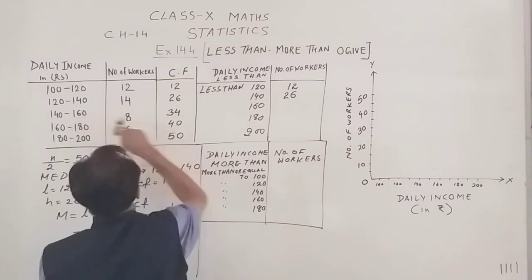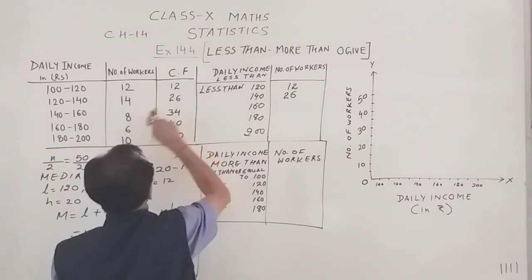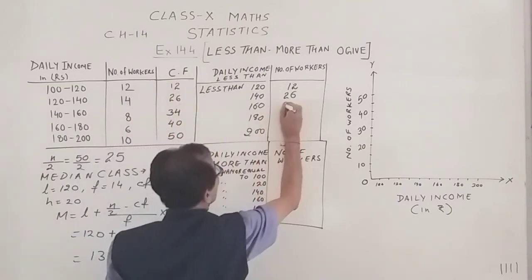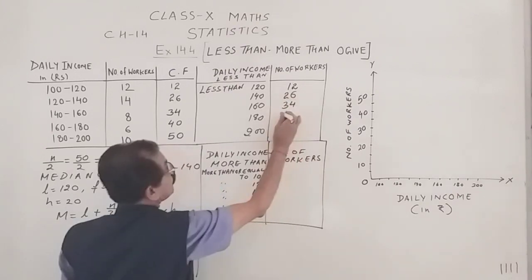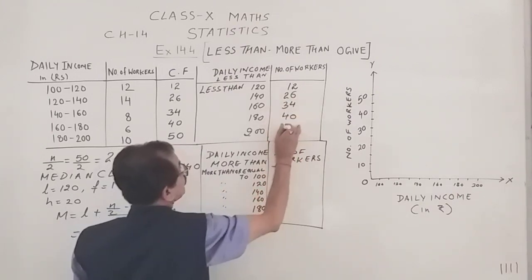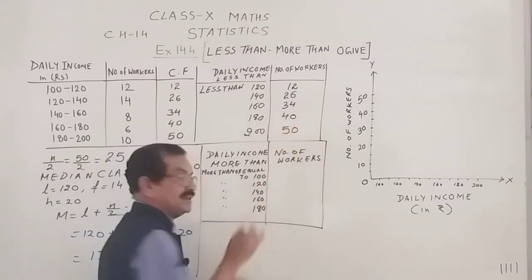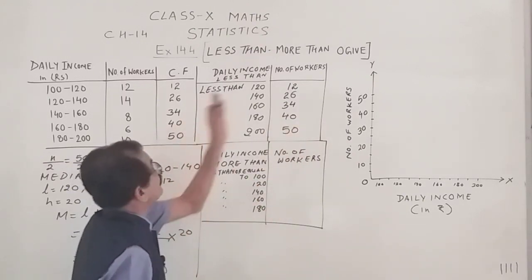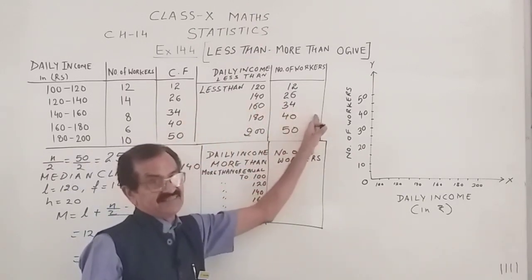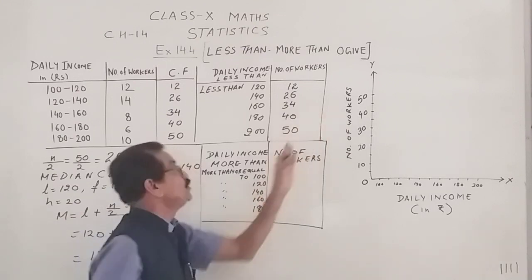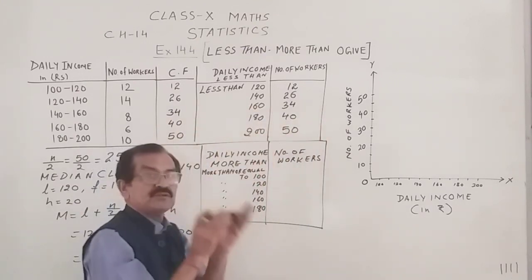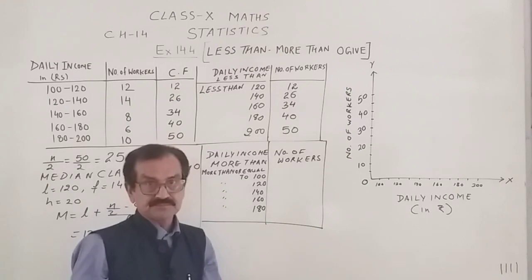Similarly, less than 160 is all these workers, that is 34, and then 40, and then 50. Clearly, to understand, this is basically the CF here for the less than type. Right? You can simply copy the CF, but you have to understand the basic concept.